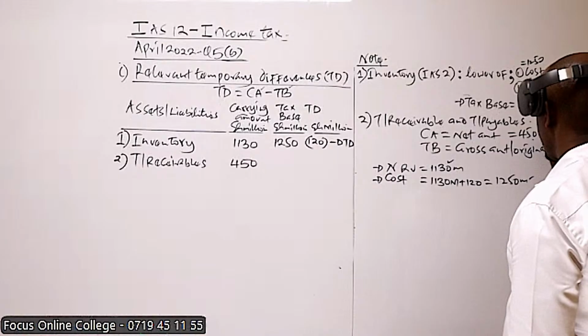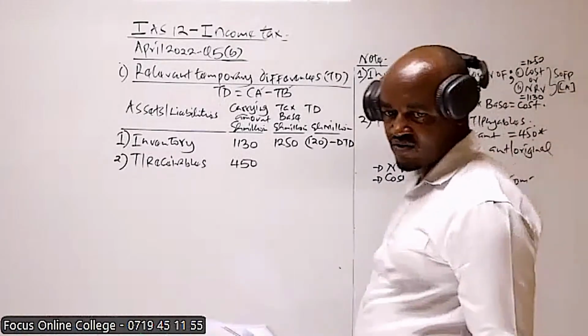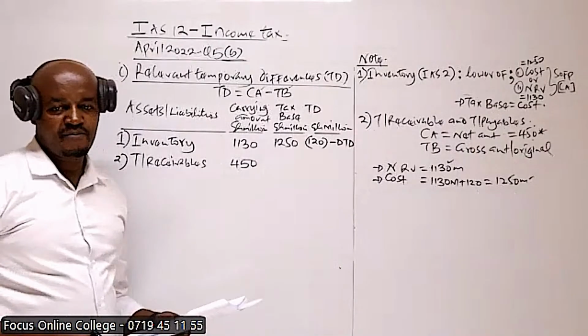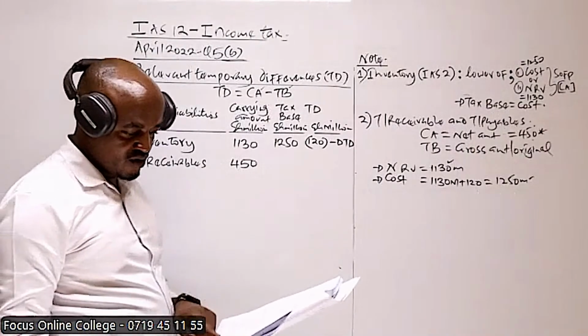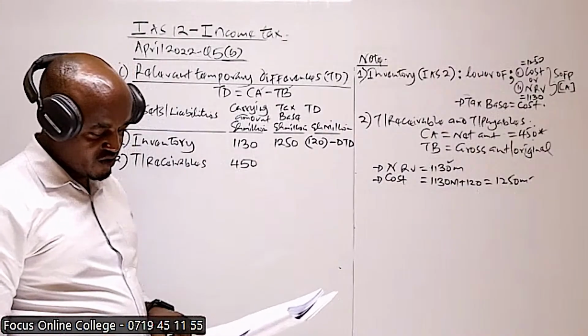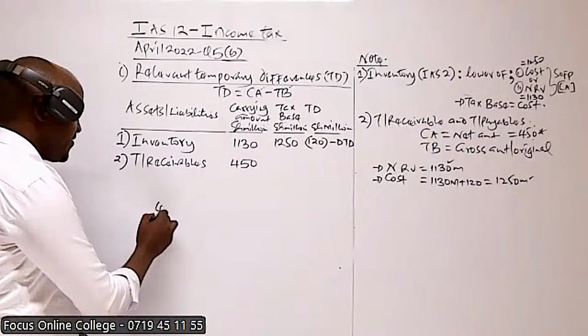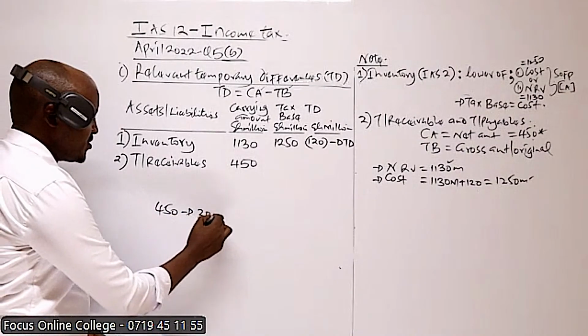We are told it had a carrying amount of 450 after making a general provision for doubtful debts of 30. So in arriving at this value of 450, an amount of 30 million was deducted.